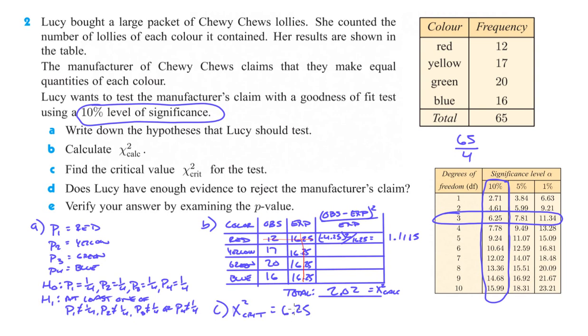Okay, so now using our new chi-squared critical value and our chi-squared calculated value here and here, we're going to use that for part D. Does Lucy have enough evidence to reject the manufacturer's claim?